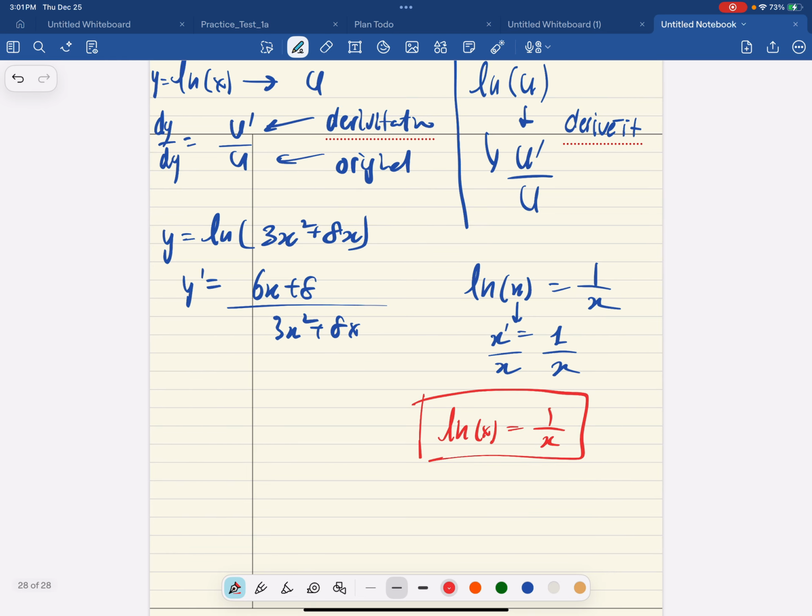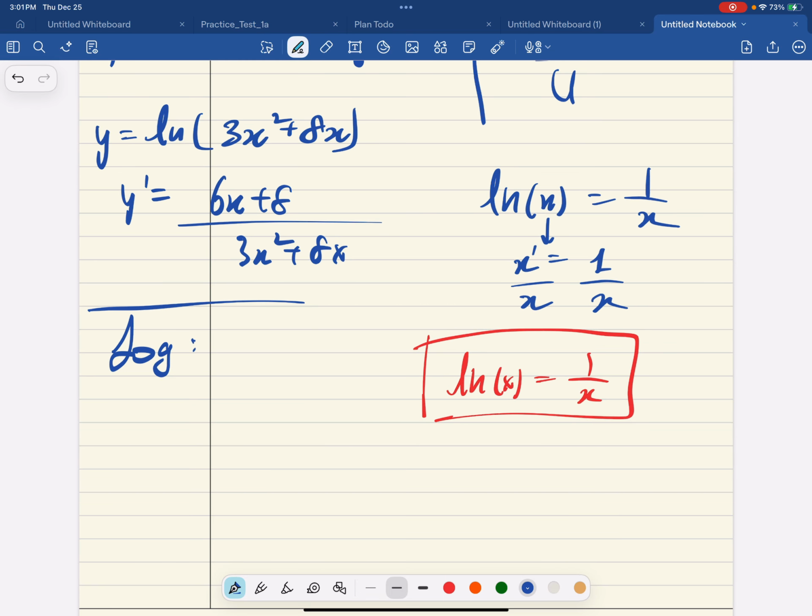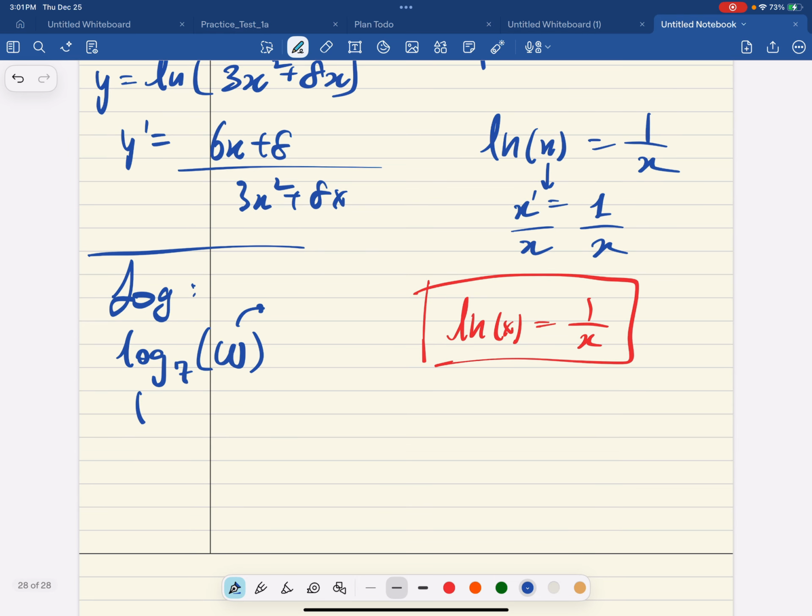So the log rule is the same concept, but you have to add just one more thing. Log and ln are very similar. I'd say they're even the same thing, because ln is just log base e. Let's make up a base 7, with w inside. Again, the inside is just a function. When you take the derivative, y prime will be u prime divided by the original u, times 1 over ln of the base.